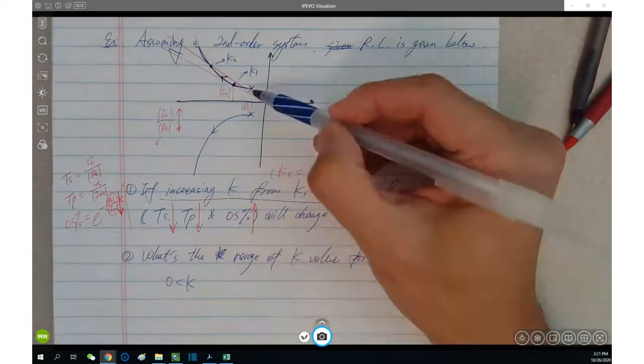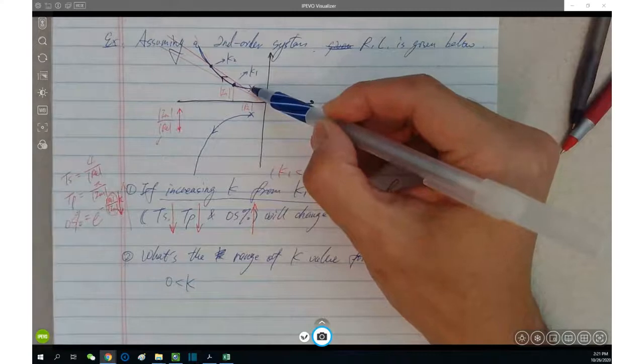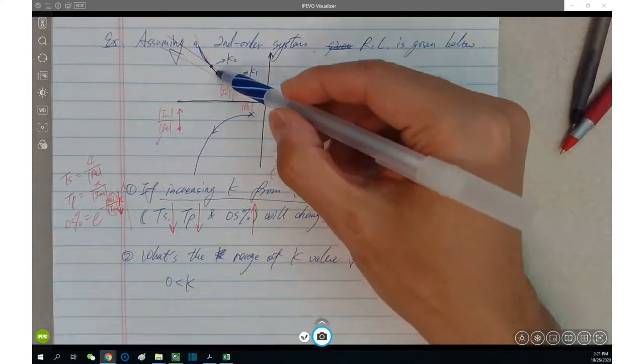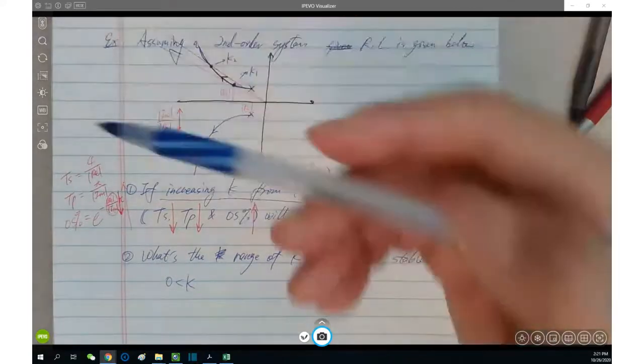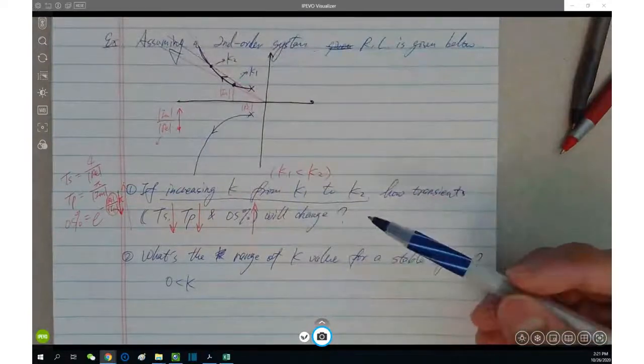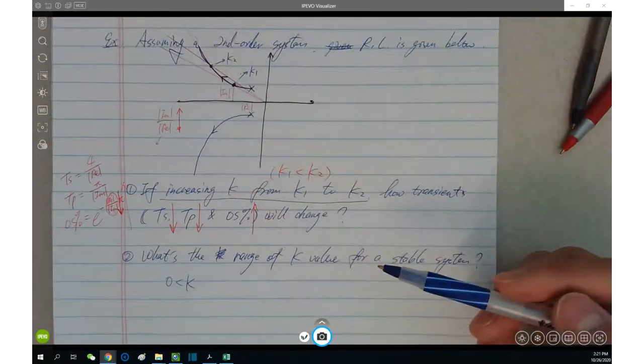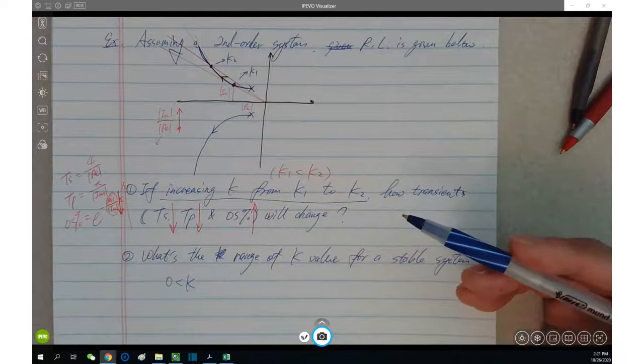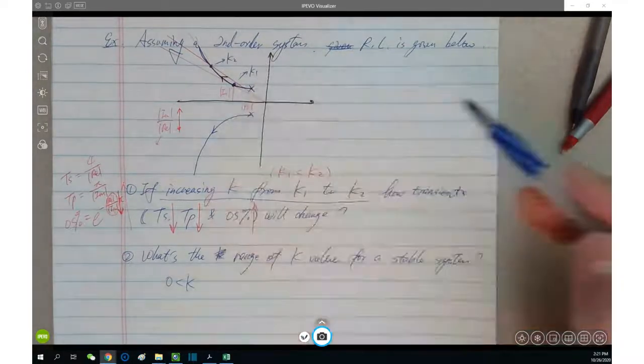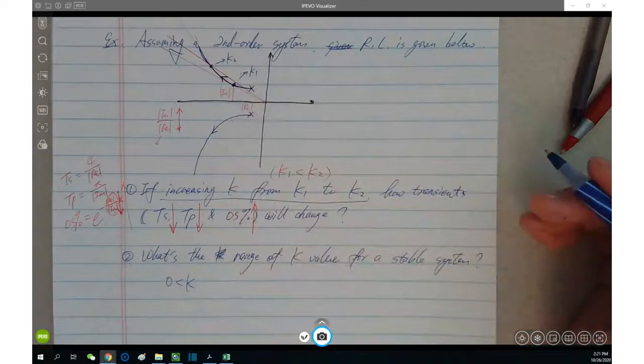Once again, your beginning is K equals 0, okay? And your root locus is moving towards the left half plane all the way to infinity. There's no chance for the root locus to go back towards the right and pass the y-axis. No chance.